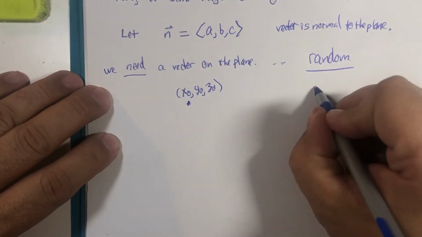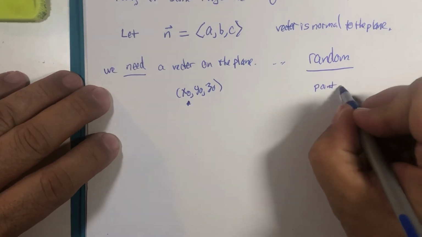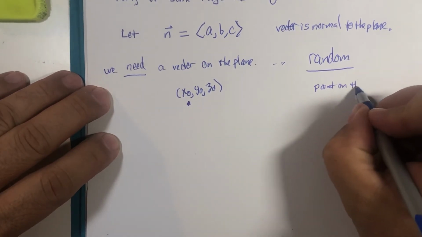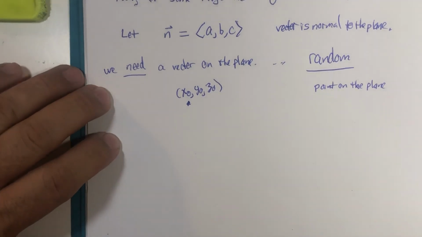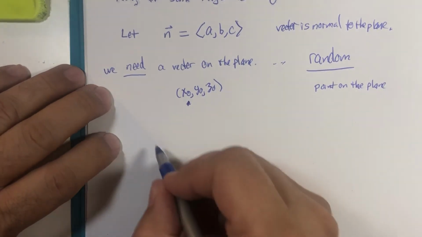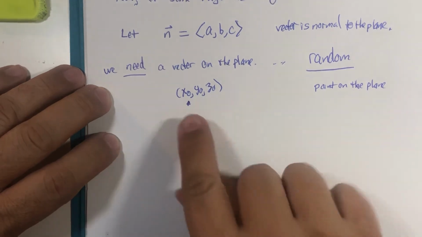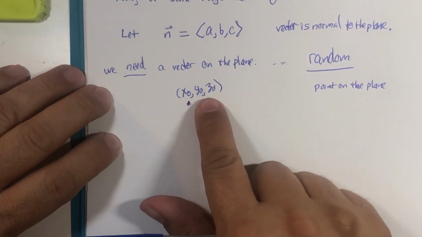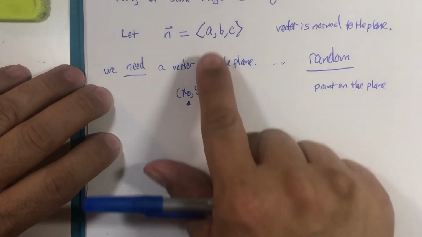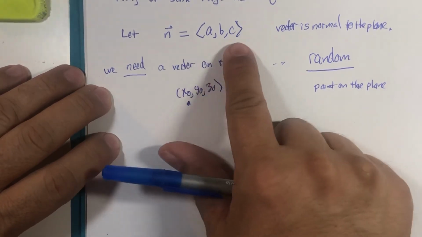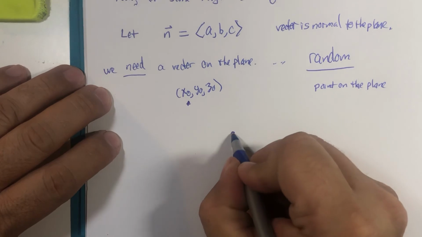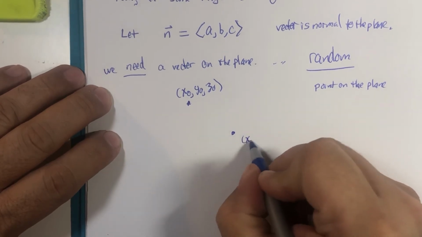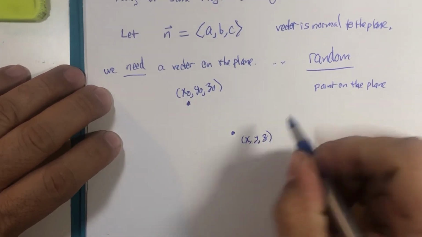So that would be a point on the plane. And then I take any other random point. So let's suppose we're given a particular point and we're given a particular normal vector. Let's take another point, and we'll call this point x, comma y, comma z.